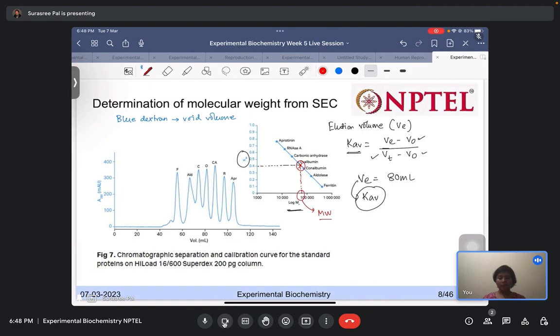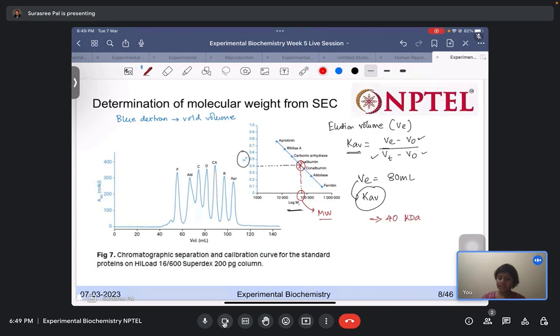So in that case, the protein which will be coming out from the size exclusion column, if it is a dimer or if it is a tetramer, then its molecular weight is increased, right? Suppose we have a protein which has a molecular weight of 40 kilodalton.